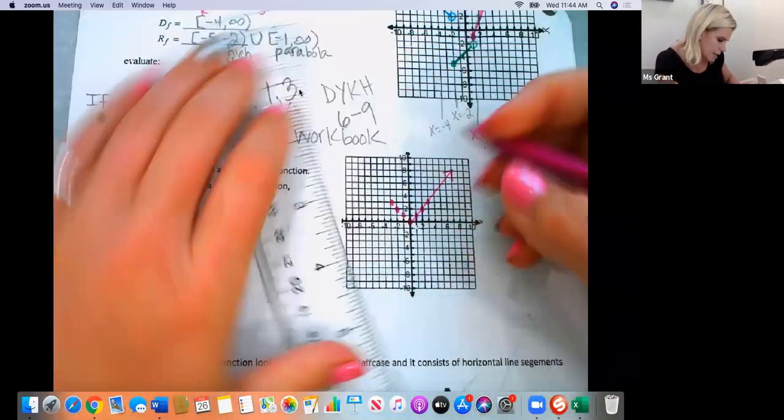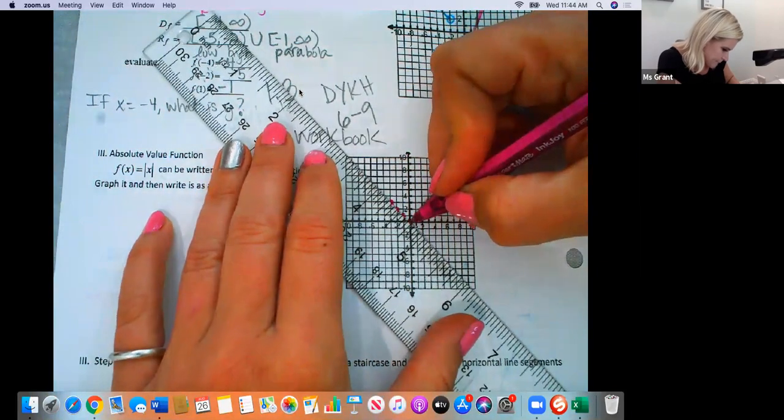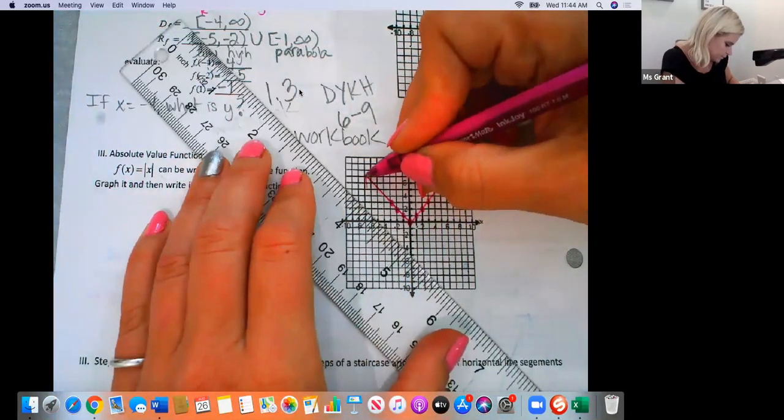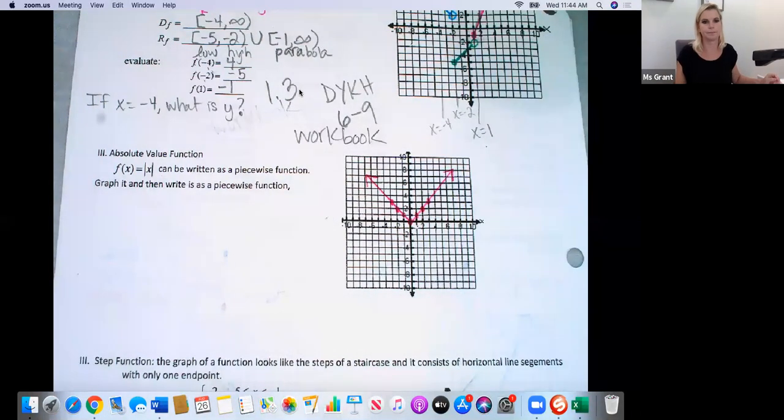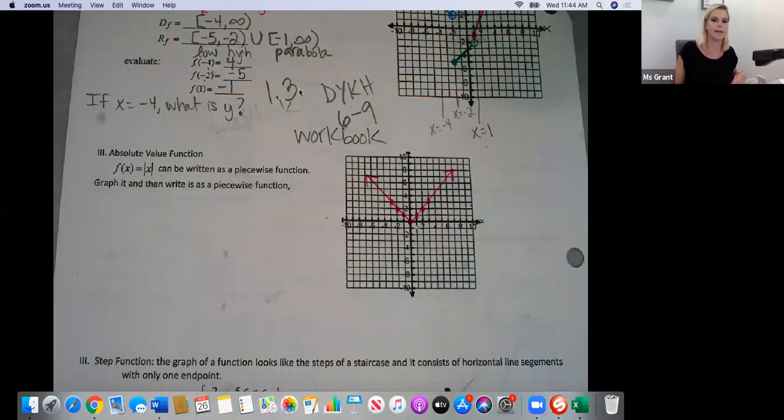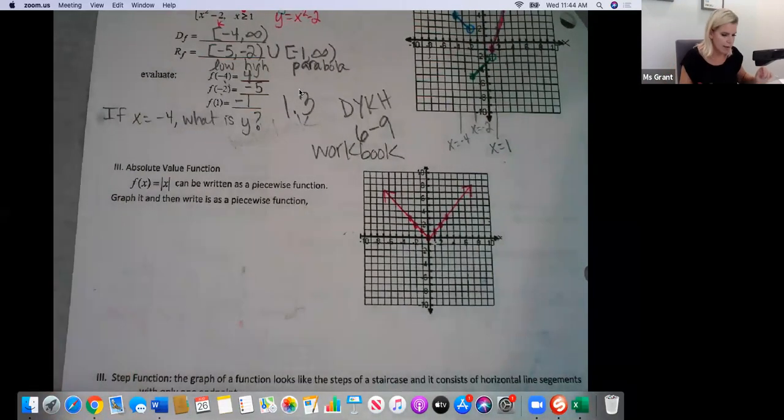Connect the dots. Now, so I graphed it. Now I need to write a piecewise function. Piecewise functions are in the following format.